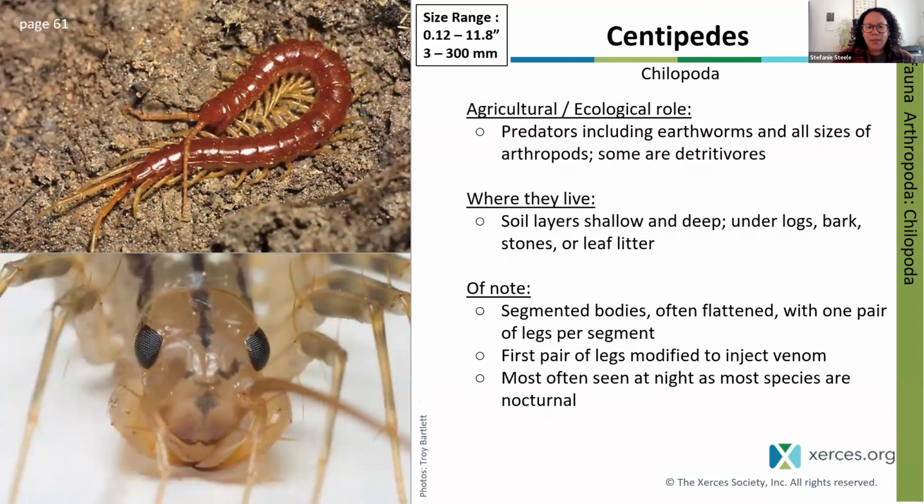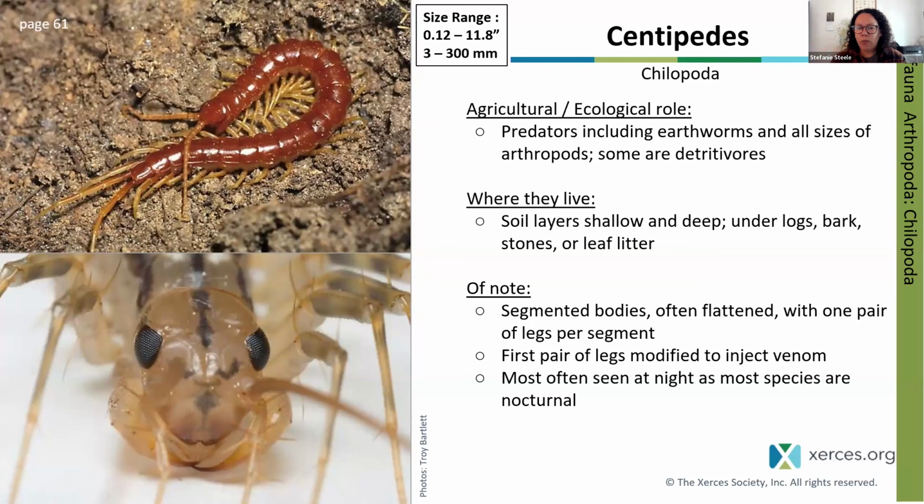All right, centipedes. I think at first glance, they do look similar to millipedes, and they might get confused for each other. However, with centipedes, you can really see, especially in this top photo, their bodies are a bit more flat, so kind of squished.